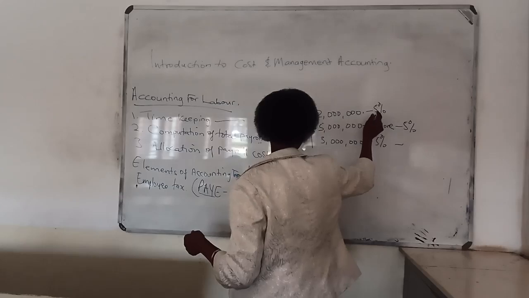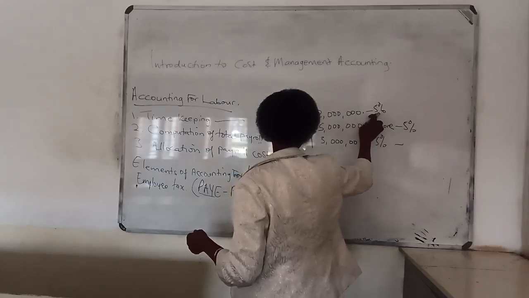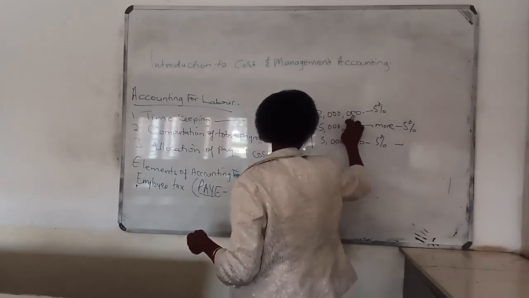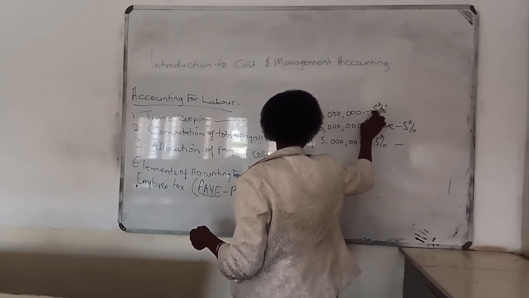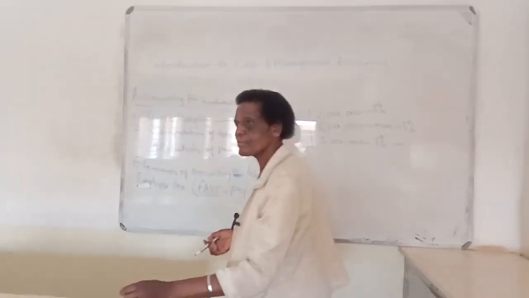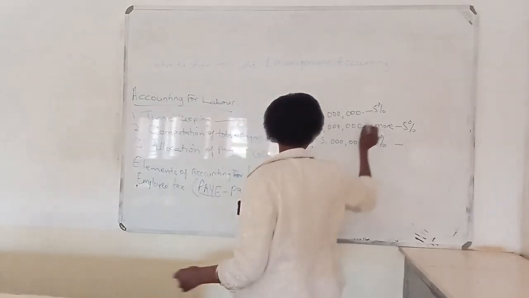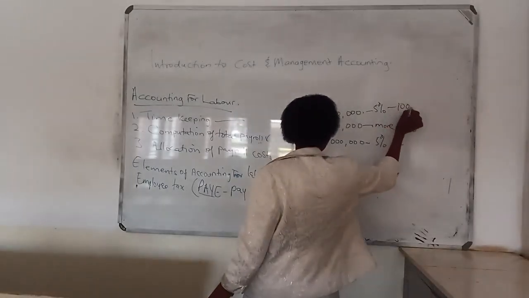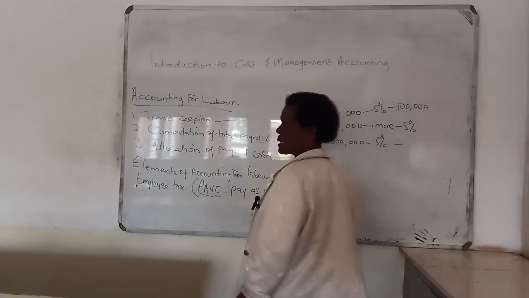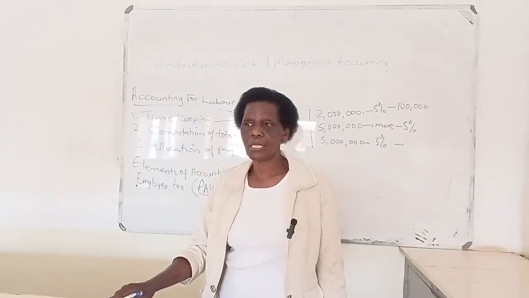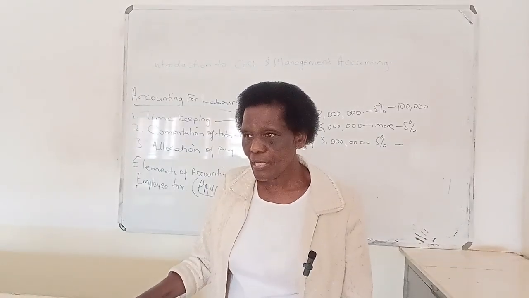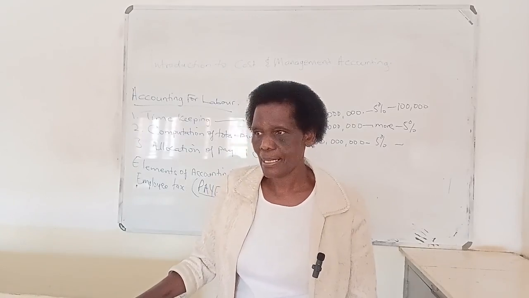That's the 5%, not the 10. This is 2 million total. The 5% is how much? Not 100,000, because 10% is 200,000. 5% should be 100,000.